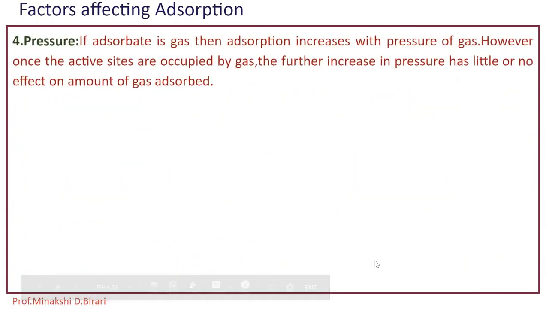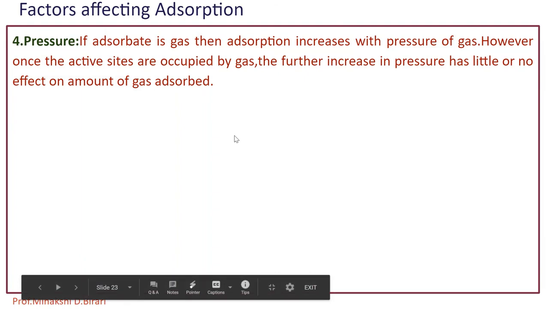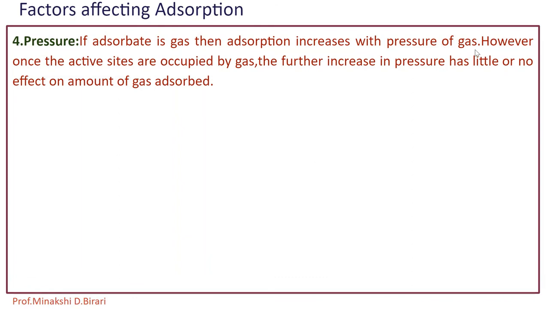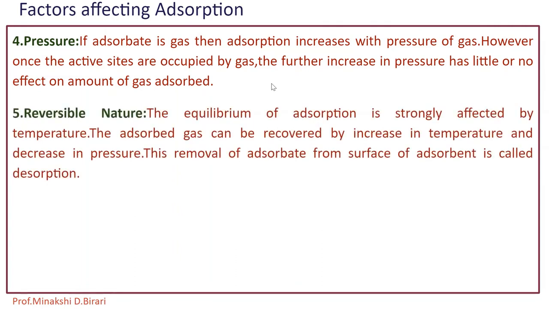Another factor, pressure. If the adsorbate is a gas, then adsorption increases with pressure of gas. However, once the active sites are occupied by gas, the further increase in pressure has little or no effect on the amount of gas adsorbed. Reversible nature.